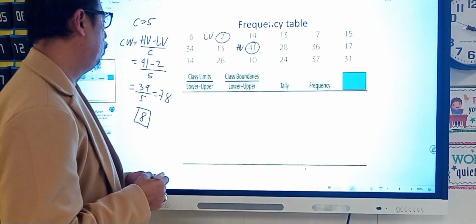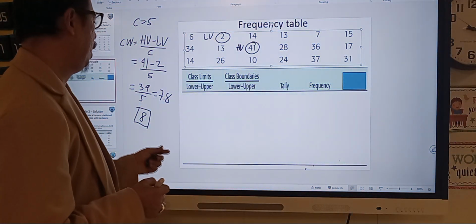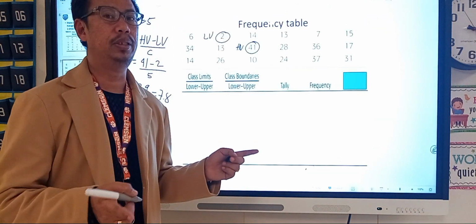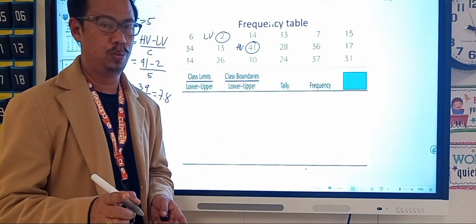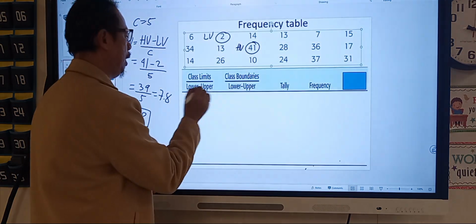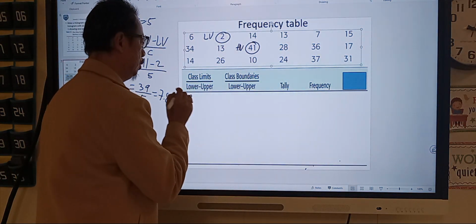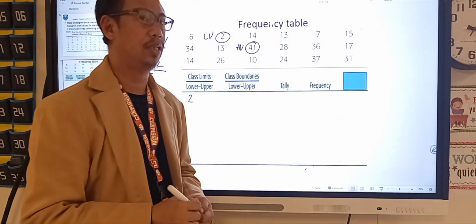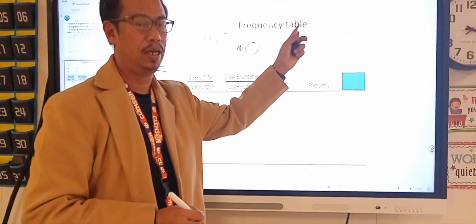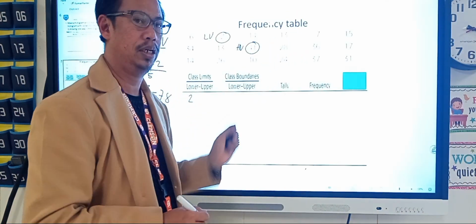So what we do now, after having the 8, we start with number 2. The number 2 is the lowest value. You always start with the lowest value, number 2. If your lowest value is not 2, you can proceed with it. For example, if your lowest value is 7, not 2, then you put 7 here.